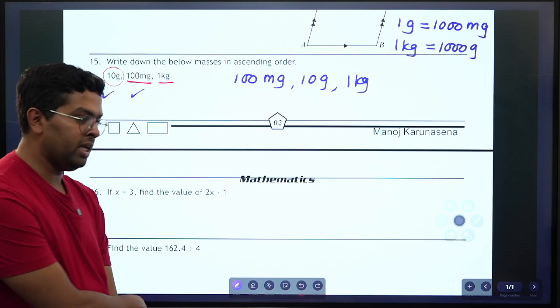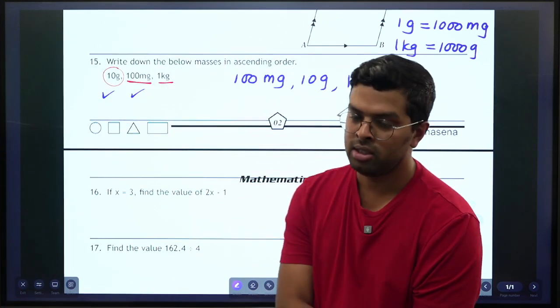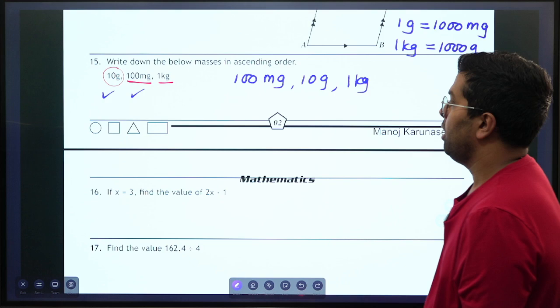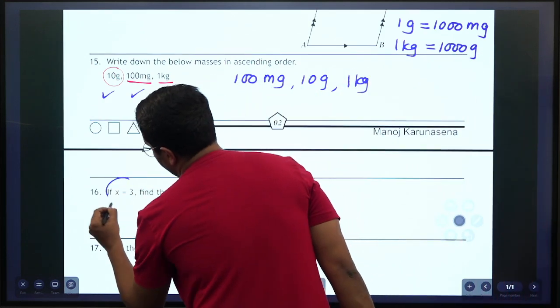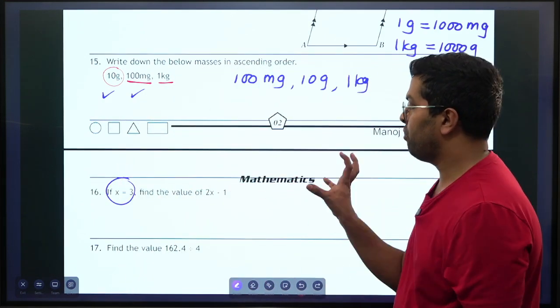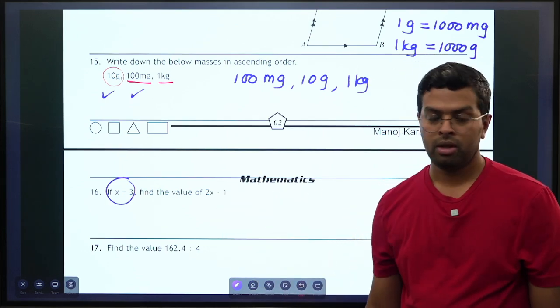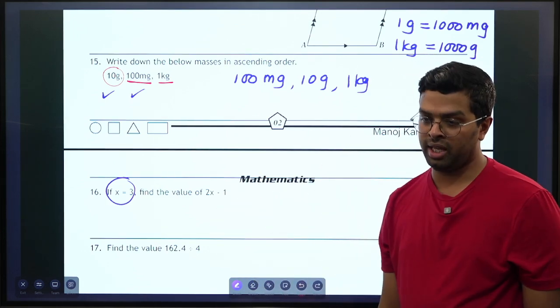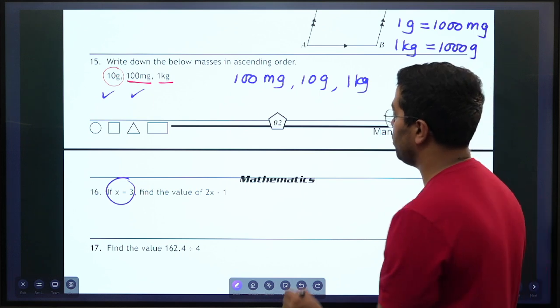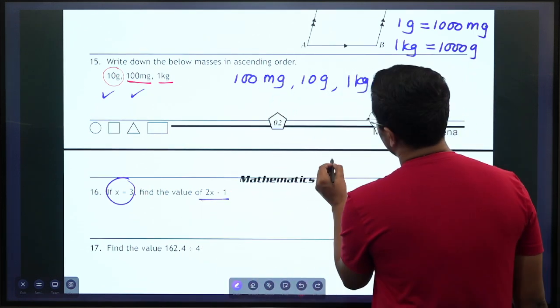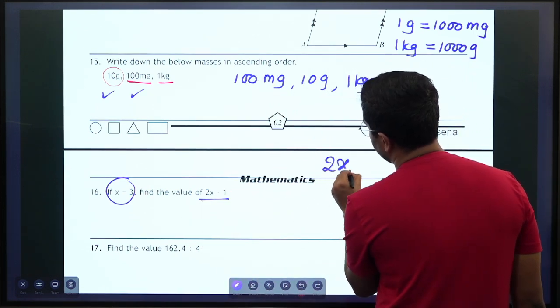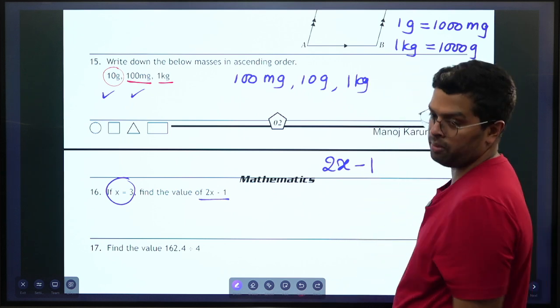Next question, question number 16. If x equals 3, find the value of 2x minus 1. So 2x minus 1 is an algebraic expression.